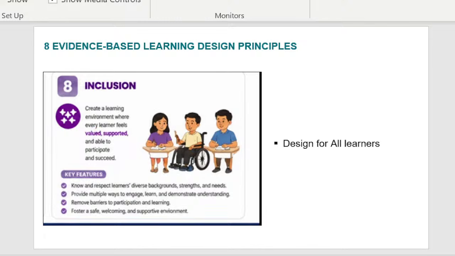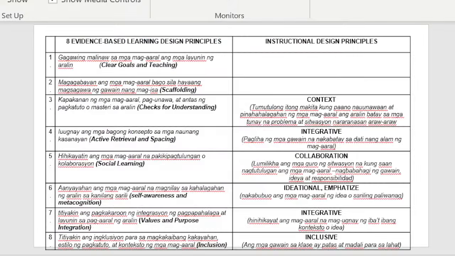We must remove the barriers to participation in learning. Foster a welcoming, supportive environment. So the 8 learning design principles can be found in an instructional design framework.